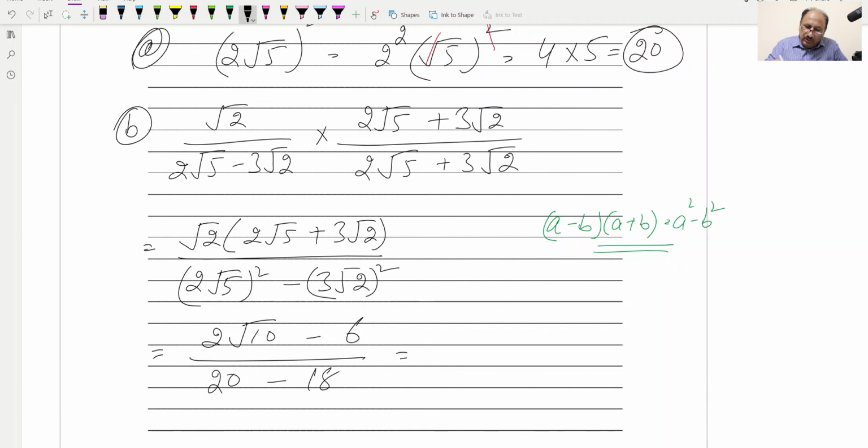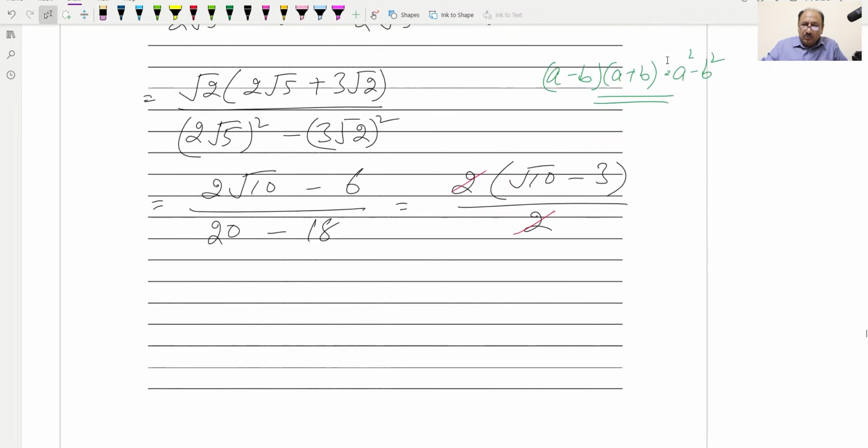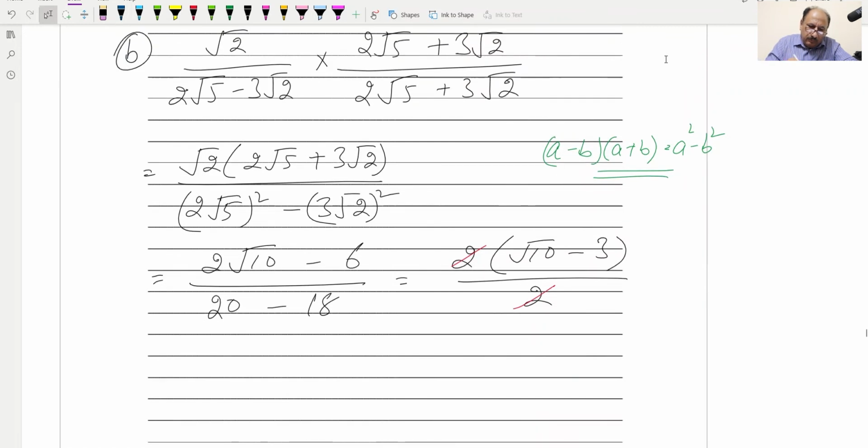So now we can take 2 common. Inside will be 10 minus 3 over 2, and now we can cancel 2 and 2, and we will get root 10. This should be plus over here. We made a mistake. This should be plus, and this is equal to root 10 plus 3, and this will be our final answer.